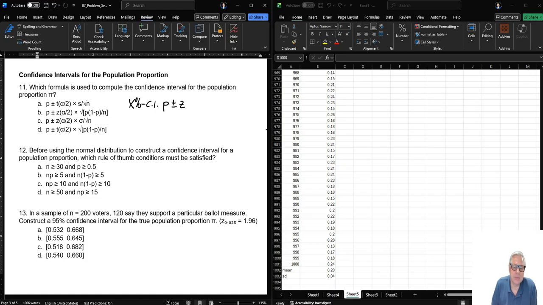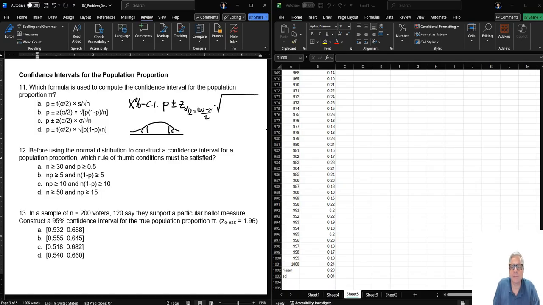And so now we use the alpha half, and that alpha half is equal to 100 minus x over 2. So if you have the 90% confidence interval, I have to find the z-score, where I have to the left and to the right 5%. So for the 90% confidence interval, I want to have here 5% and there 5%.